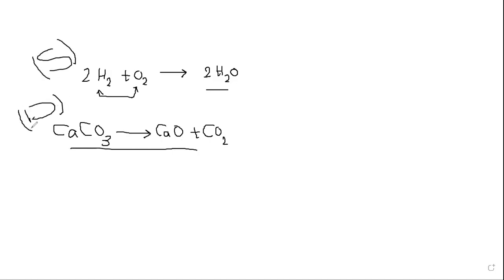So why is that a decomposition reaction? Who can tell me why we find this is a decomposition reaction? Yes, Rashwan. Because a decomposition reaction is one in which a compound breaks into two or more simpler substances.